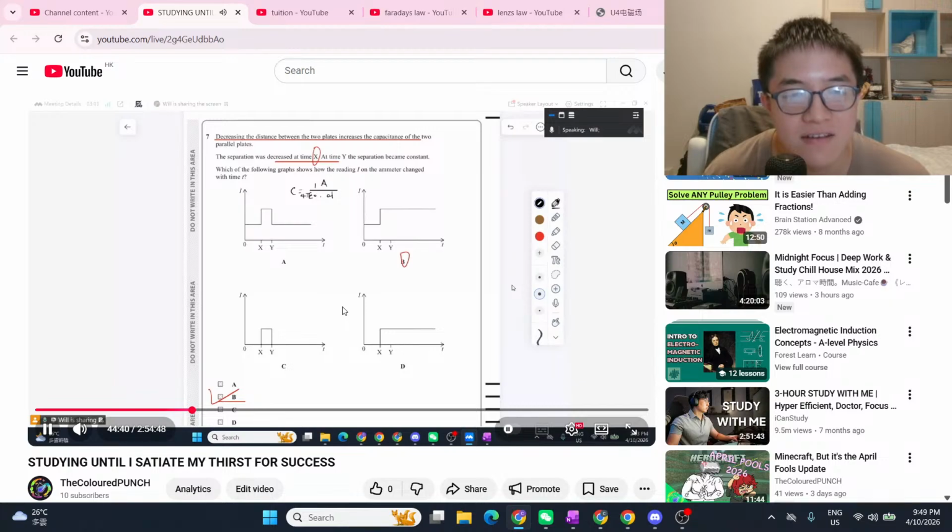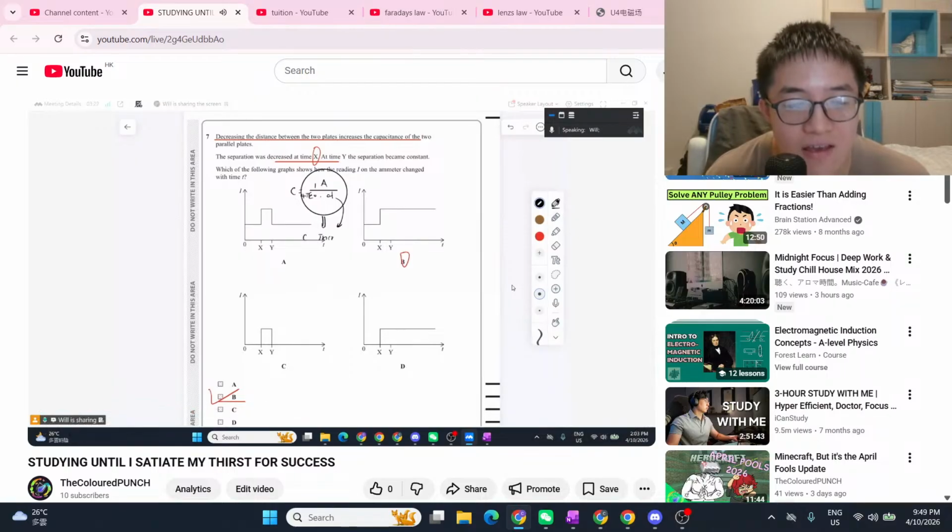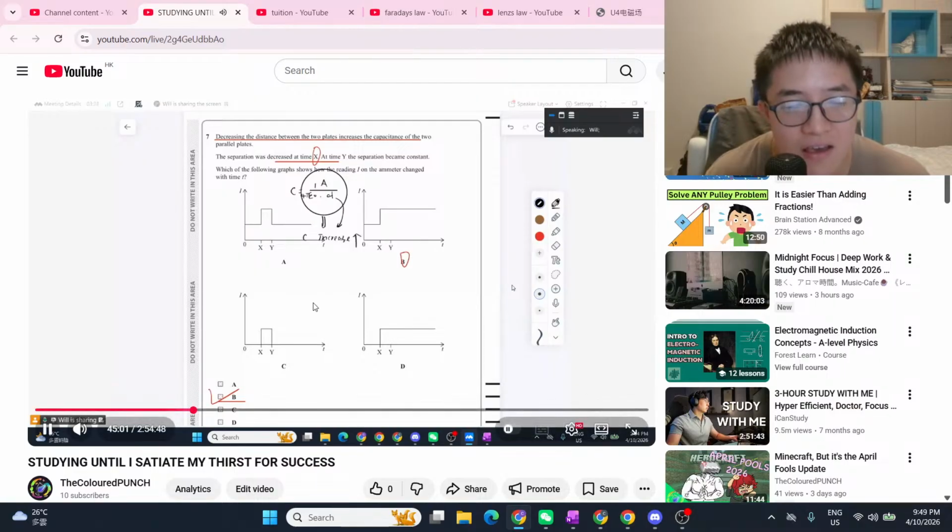Understand this formula, right? Yeah. Related to capacitance. So if I decrease the separation, I change the D, right? Decrease the D, so the C will increase, right? If the C increases, the rest have to be constant. So D, there's no squared, it's only D.